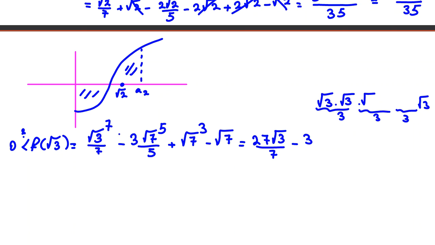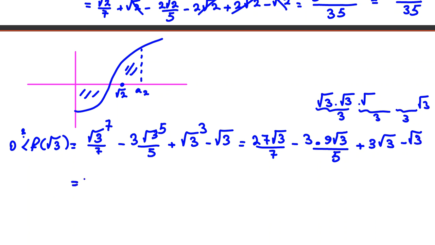Minus 3 times root 3 to the 5, which is 9 root 3 over 5, plus 3 root 3 minus root 3.